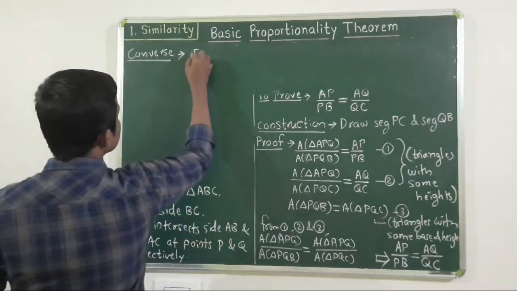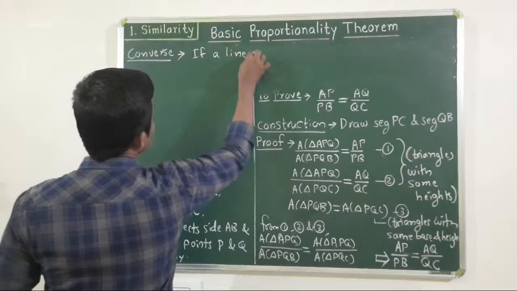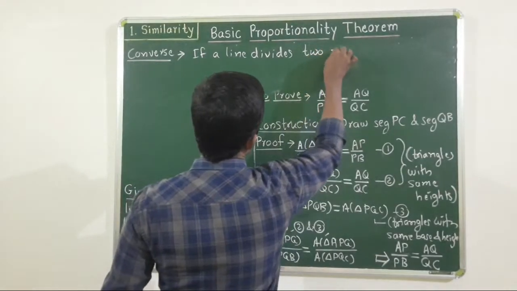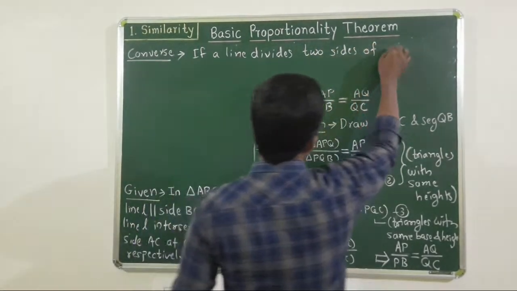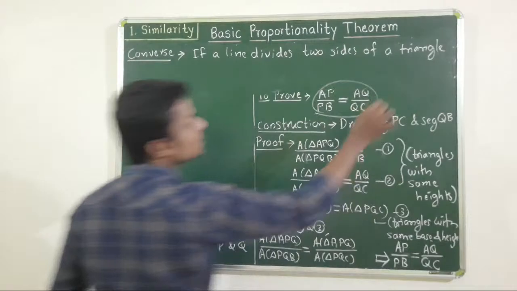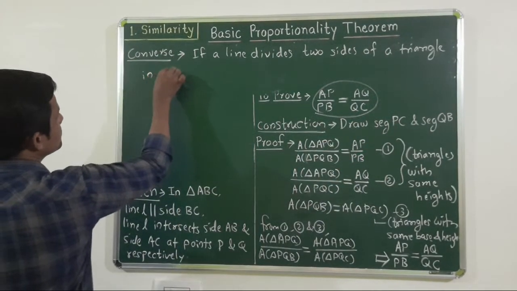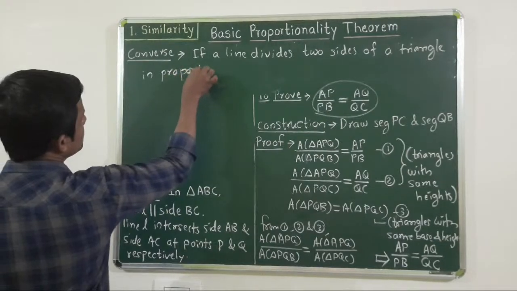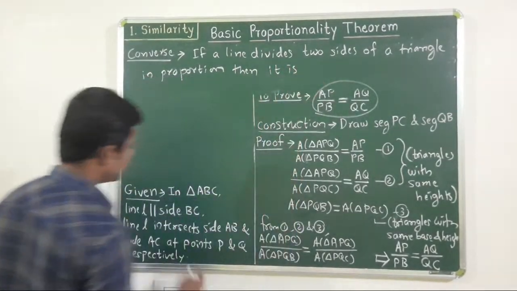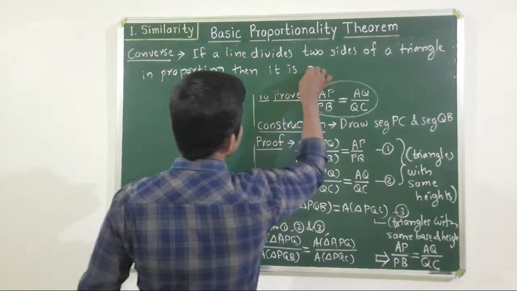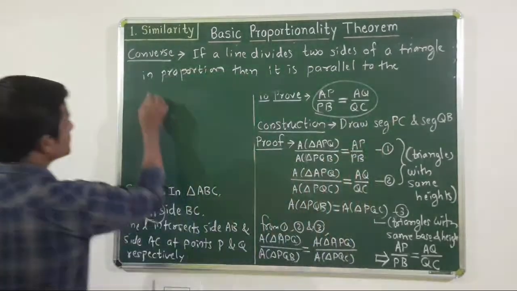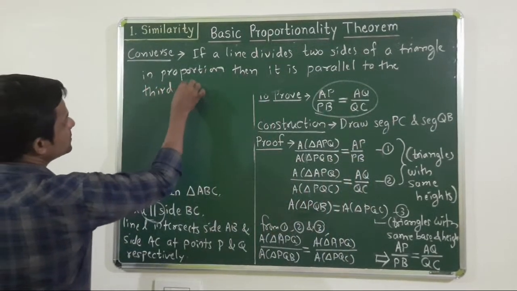If a line divides two sides or any two sides of a triangle in proportion, then it is parallel to the third side. Then it is parallel to the third side.